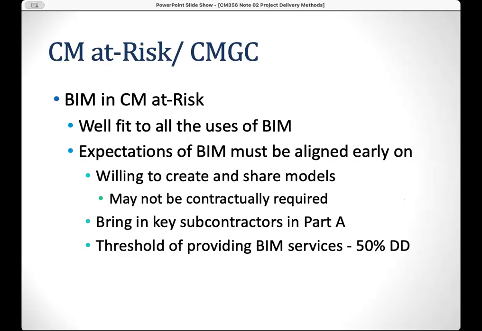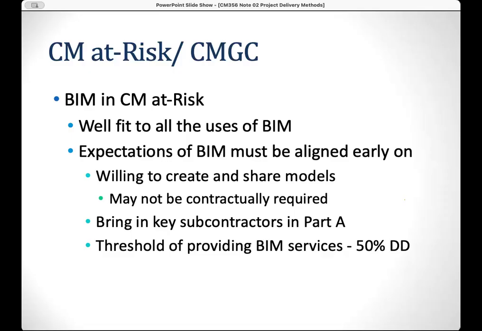BIM can be well fitted to all the users in CM at risk, because the general contractor is involved in the design phase, part one, and will be able to get some idea about how this project can be constructed, right? So the expectations of BIM must be aligned early on, with willingness to create and share the models.